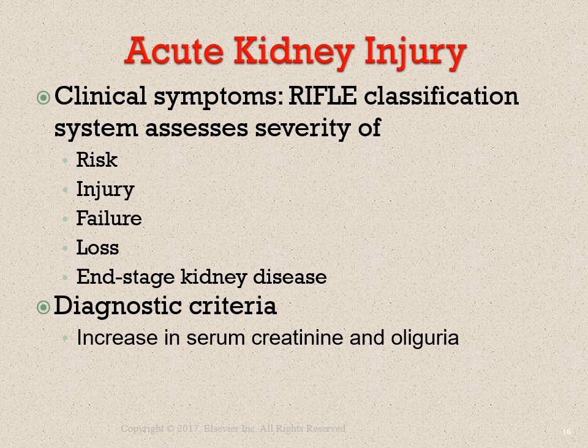Some clinical symptoms may include nausea, vomiting, fatigue, perhaps swelling in the lower extremities, itchy skin, and even confusion. Diagnostic criteria: there is an increase in serum creatinine, a level that we measure in patients' blood. So we see an increase in serum creatinine and oliguria. Remember that oliguria is abnormally small amounts of urine.